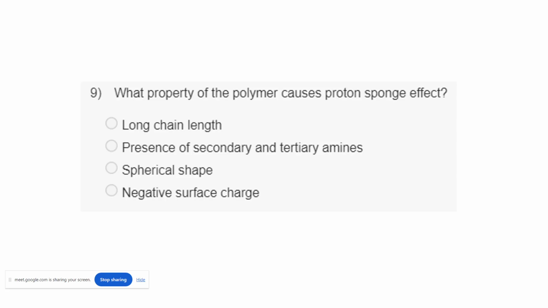Anybody else would like to answer? What property of polymer causes proton sponge effect? Second option, ma'am. Okay. Most of you are correct.